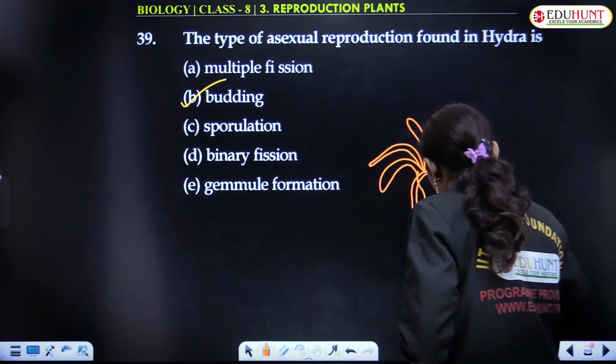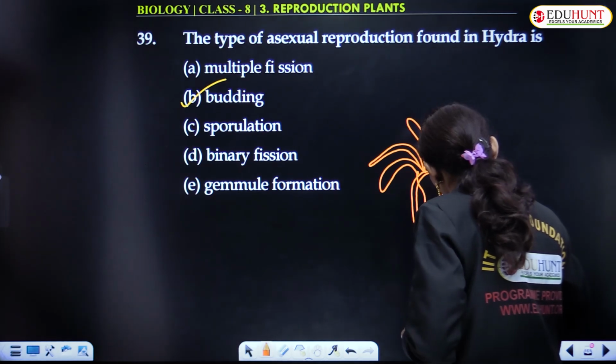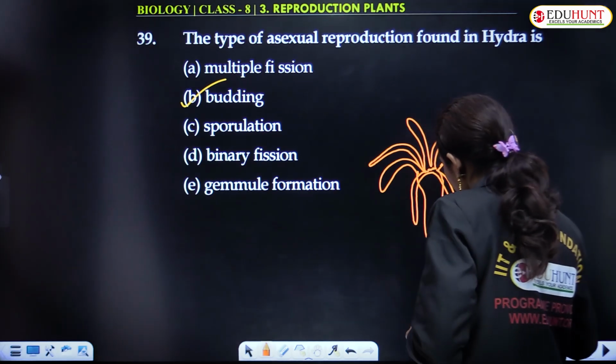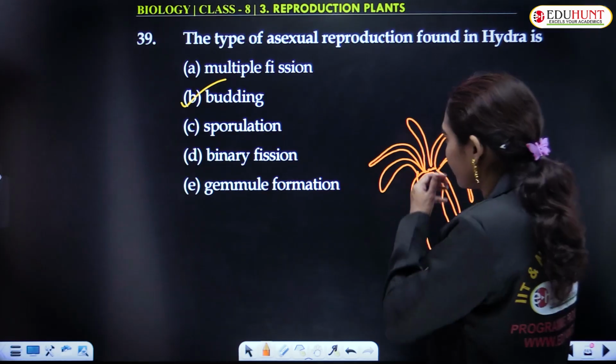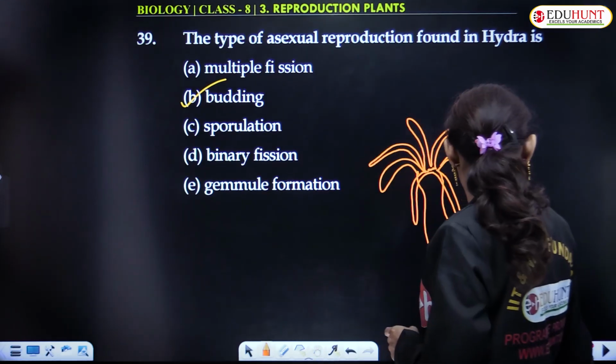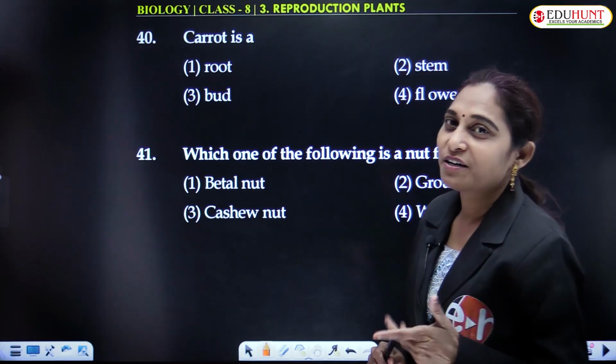A small hydra, baby hydra. Yeah, this is budding. Okay, it is seen in hydra. Carrot is a root.